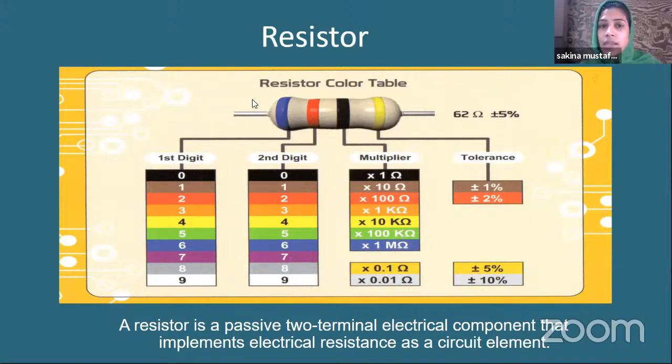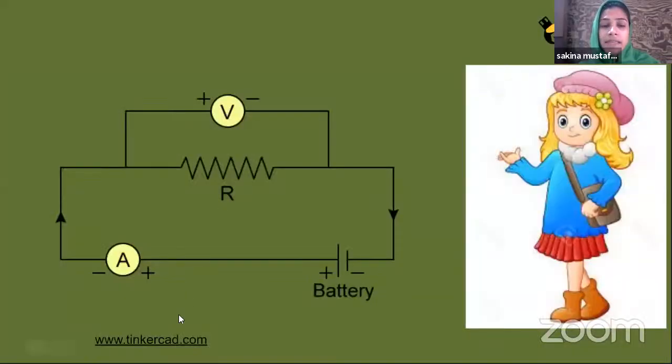So the resistor is an electrical component which is providing resistance to your component. Let me first show you how the resistance is working, and then we will see how we come to know which ohm resistance we have to apply.